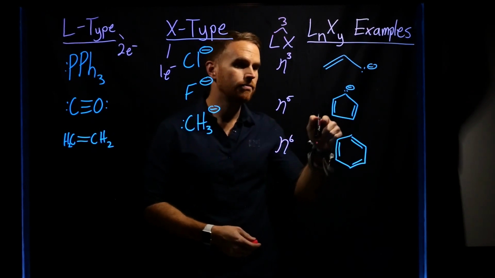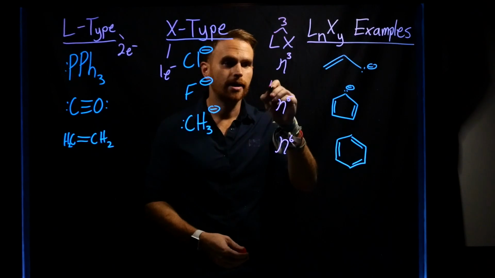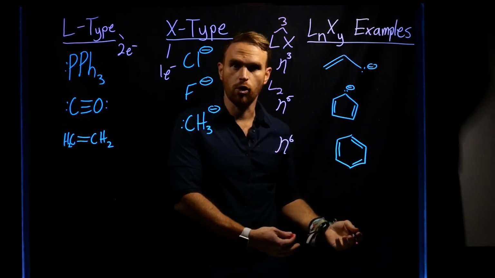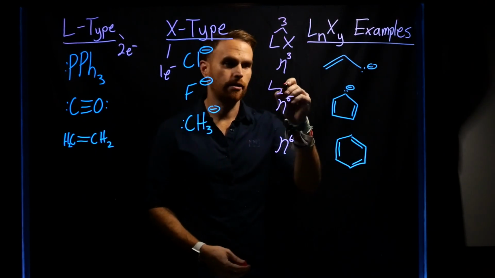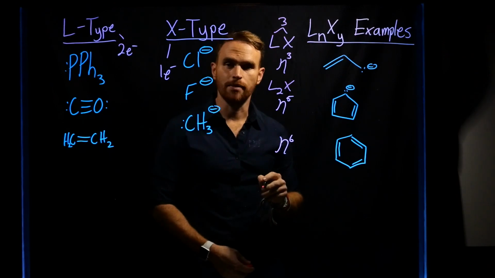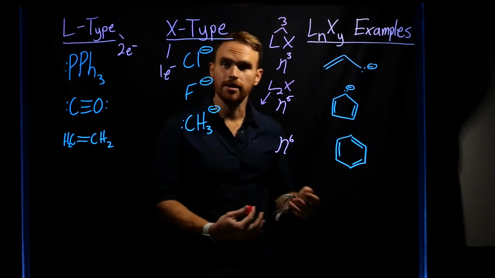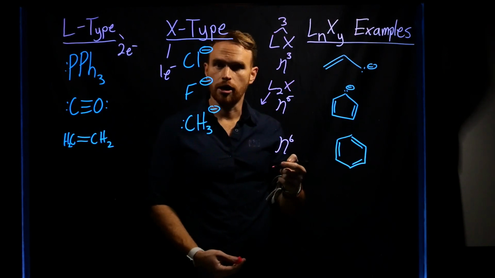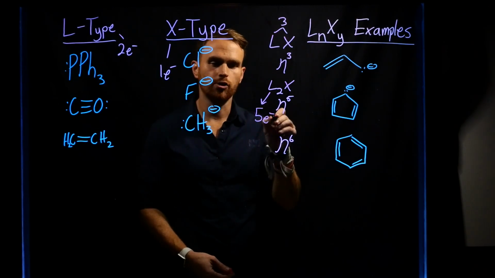It's eta 5, and notice that it has 2 pi bonds. So I immediately know that it's got 2 L-type portions to this overall ligand. And it also has this anion with the lone pair. So in fact, this is an example of an L2X type ligand. So when considering how many electrons that contributes to a complex, this is going to be 2 for each L, which is 4, plus 1 for the X, which is an overall 5 electrons.